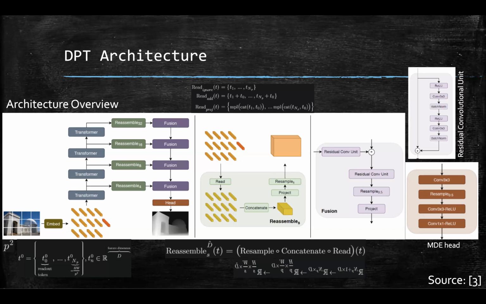So that's the first part of the loss, and then the second part was the so-called gradient matching loss. This loss focuses on the gradients, or changes in the depth values, rather than the depth values themselves. Why? Well, depth estimation often struggles with preserving edge information and texture details.